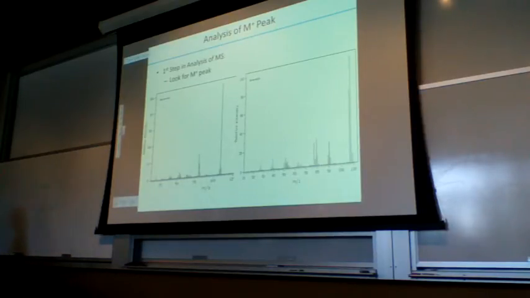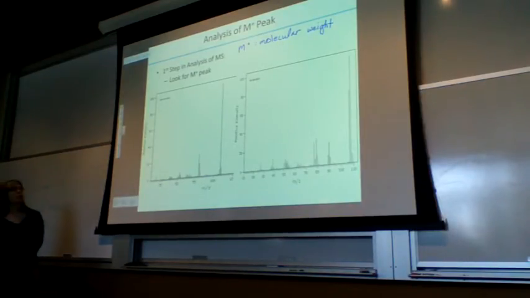That's going to tell us a couple things. First off, it can tell us the molecular weight of our compound. Then you could use that to use your rule of 13 to determine what are potential good formulas to use there.